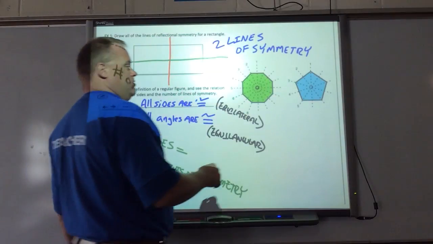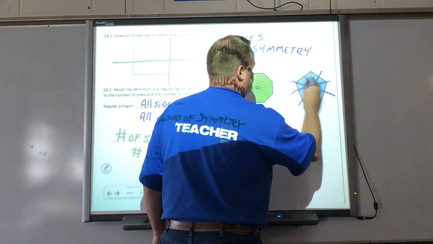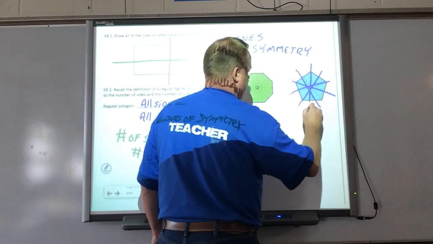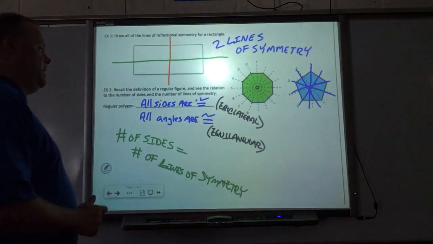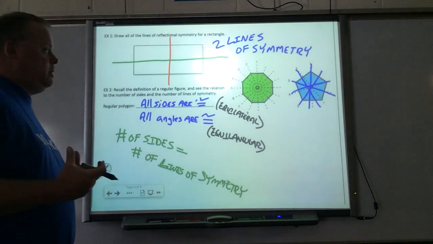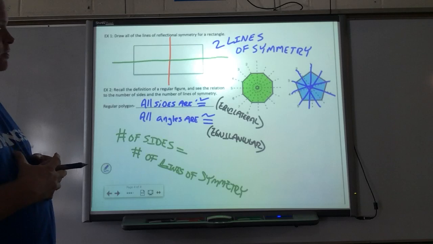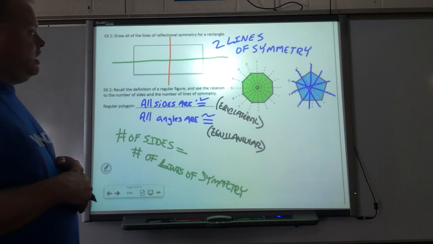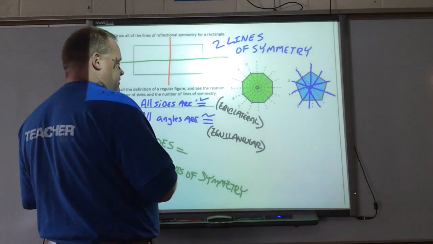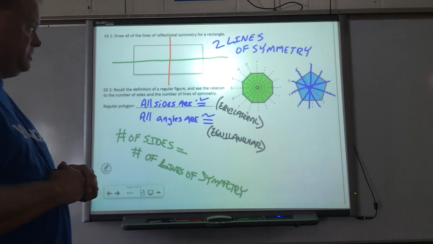You count up the number of dash lines that I have, and it would be 5. So since these are regular polygons, all sides and all angles are going to be congruent, which means they're going to be equal. That tells me they're going to have the same number of sides and the same number of lines of symmetry.